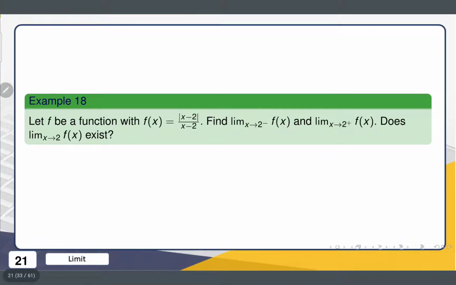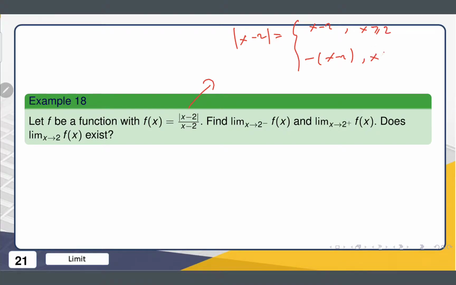For the next example, we have this. The absolute value |x minus 2| will be x minus 2 itself when x minus 2 is greater than or equal to 0, so that's when x is greater than or equal to 2. And it will be the negative, minus (x minus 2), when x minus 2 is less than 0.